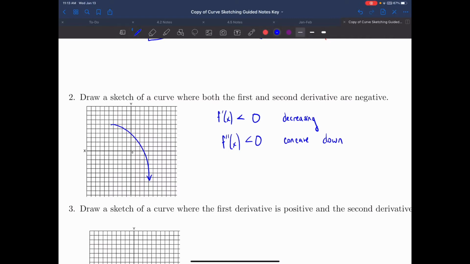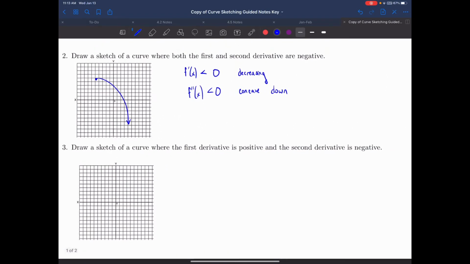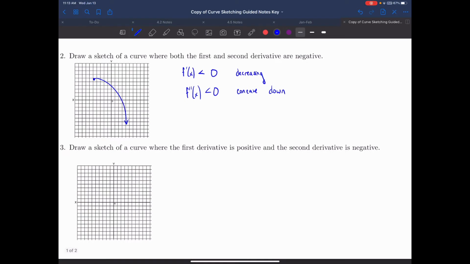All right, next question. Draw a sketch of a curve where the first derivative is positive and the second derivative is negative. If you have a positive first derivative, your function is increasing.